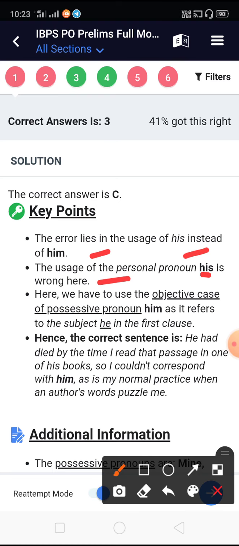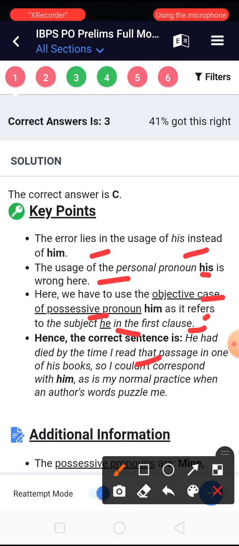Here we have to use the objective case of the pronoun, him, as it refers to the subject he in the first clause. Hence the correct sentence is: He had died by the time I read that passage in one of his books, so I could not correspond with him, as is my normal practice when an author's words puzzle me.